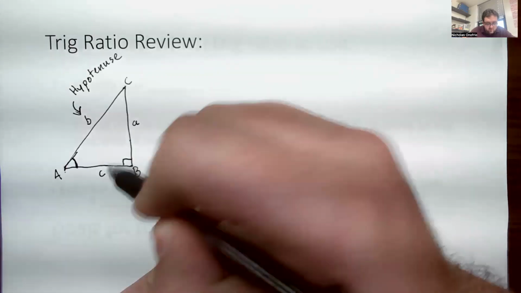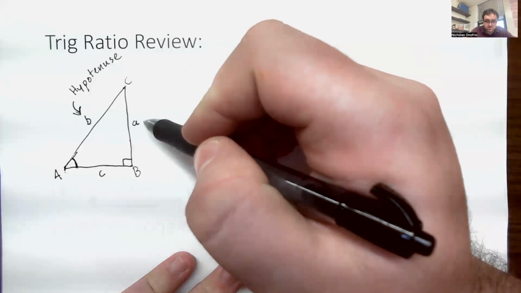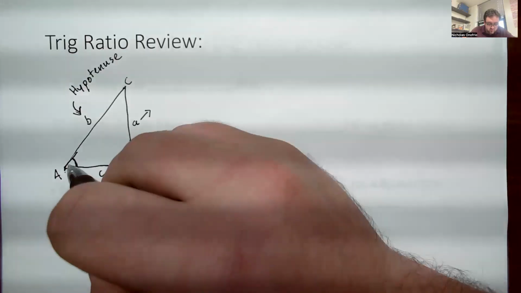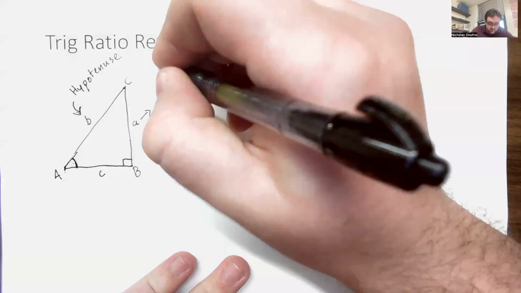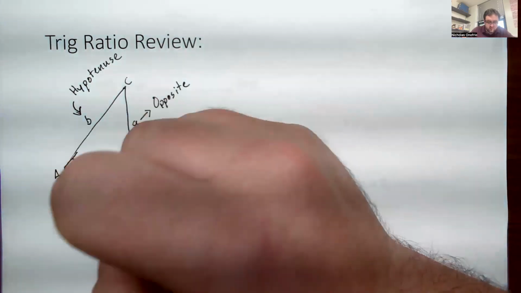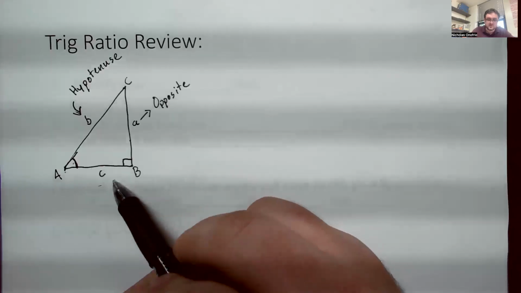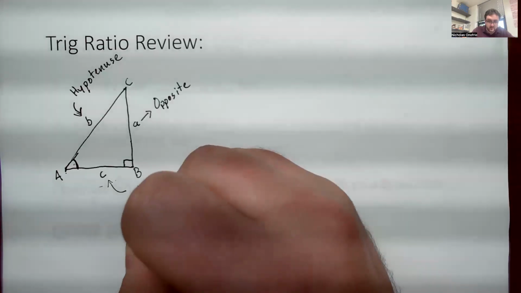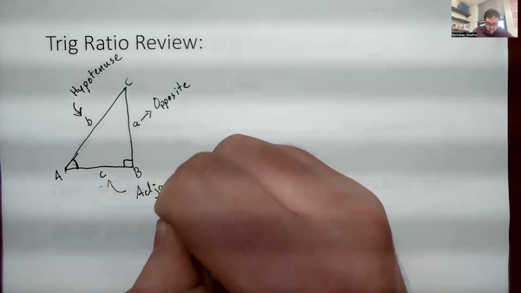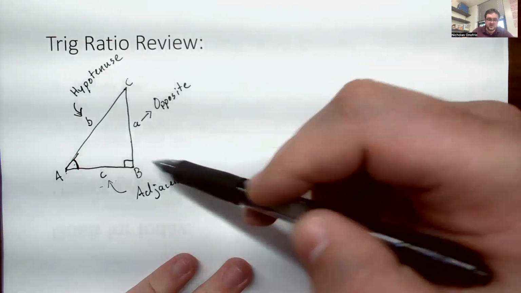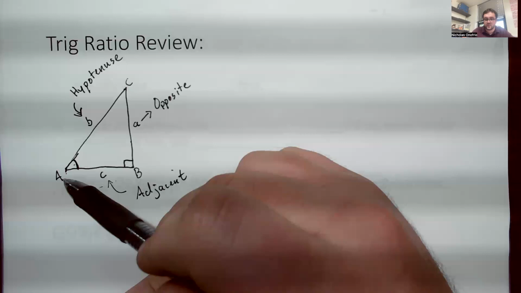We can classify our two legs based off of their position to angle A. Side A, since it is across from our angle, is our opposite leg. And side C, since it's next to our angle, is the adjacent leg. Our two legs are opposite and adjacent. And the longest piece of all, the hypotenuse.